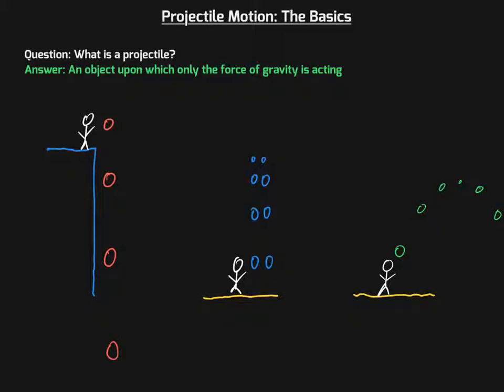Again, as soon as this ball leaves this person's hand, its motion is only being affected by the force of gravity. So again, in this scenario, when this ball is being launched at an angle, it is also considered a projectile. Okay, so a big takeaway on this slide, a projectile is an object upon which only the force of gravity is acting and affecting an object's motion.